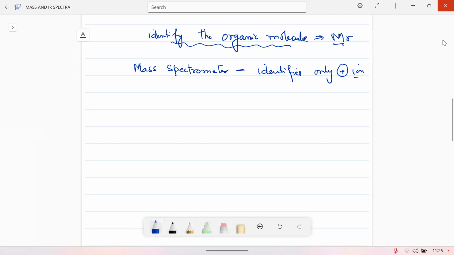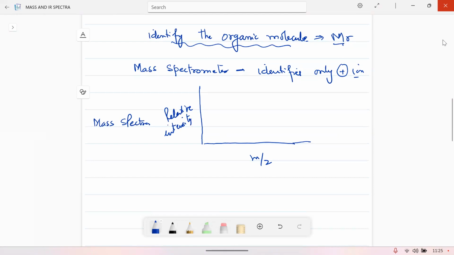Now, we can identify the positive ion. That's one thing. And this is the mass spectra of any substance. It looks this way, where on the x-axis you have M by Z values, and on the y-axis you have relative intensities. Sometimes percentage; a better word is relative percentage intensity. So this is in terms of percentages.